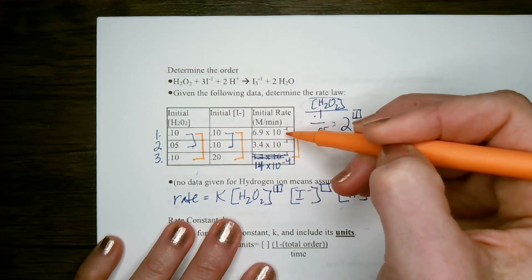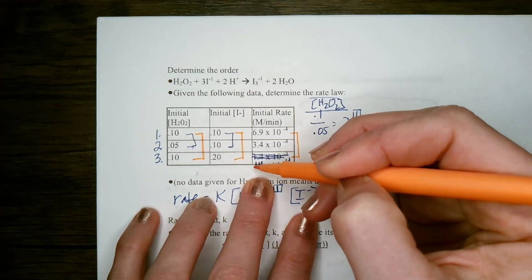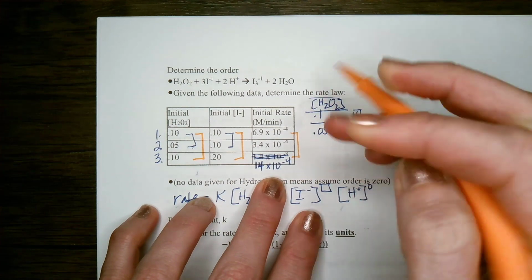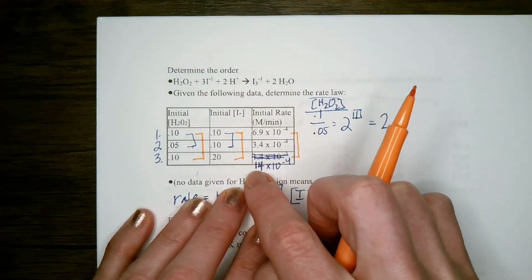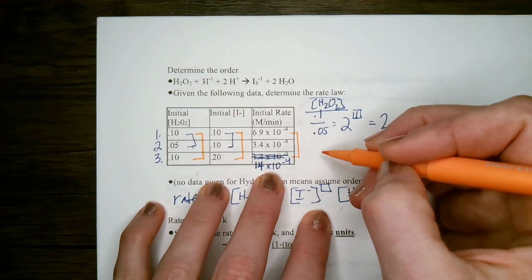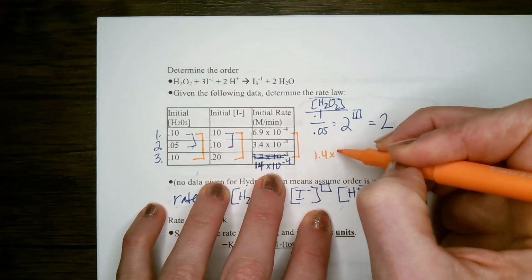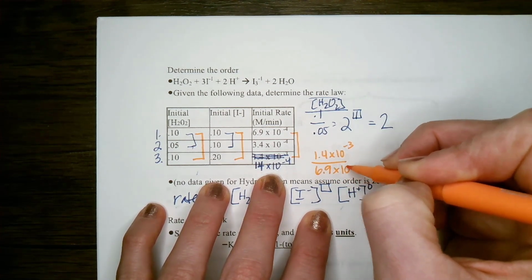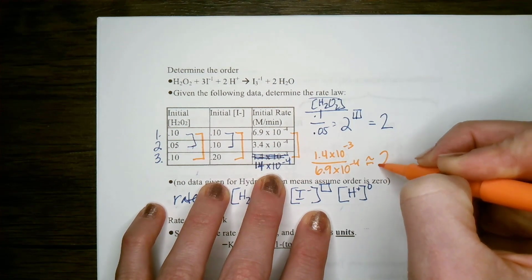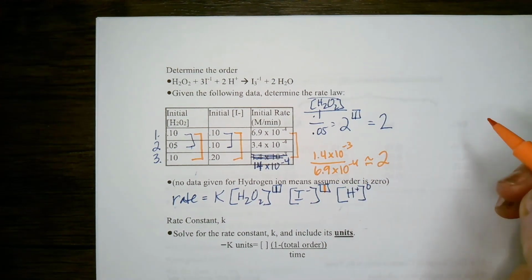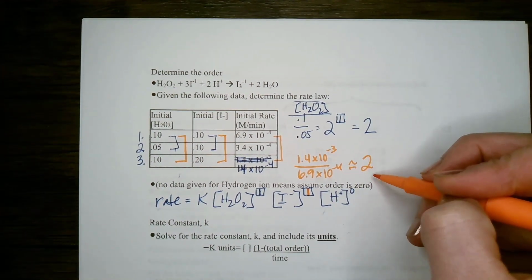So let's look at what happens to that rate going from 6.9 times 10 to the -4 to 1.4 times 10 to the -3, or 14 times 10 to the -4. So we're going from about 7 to about 14. And again, if you didn't like changing the decimals, you could do 1.4 times 10 to the -3 divided by 6.9 times 10 to the -4, and you would get really close to 2.